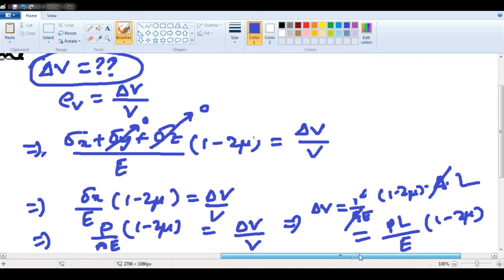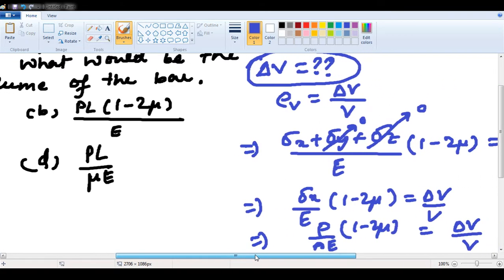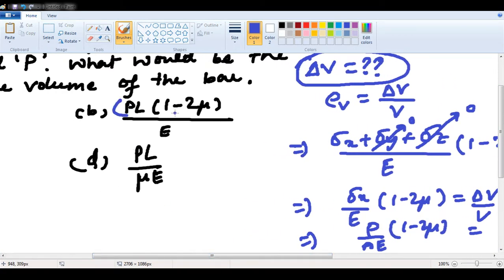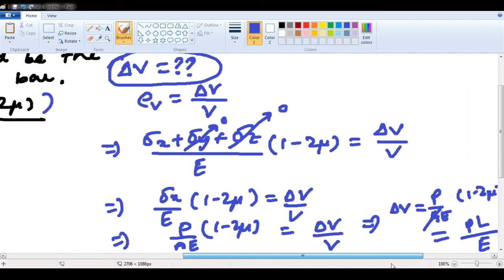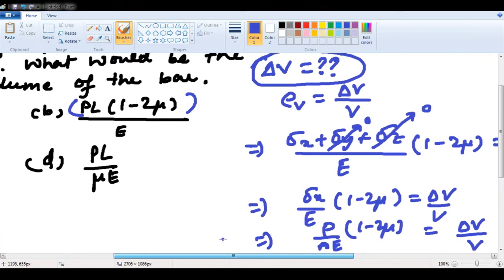So let us check the options. Only option B is matching: PL (1 minus 2 mu) by E. So option B is right for this. This is very easy, and that is how we solve questions like this.